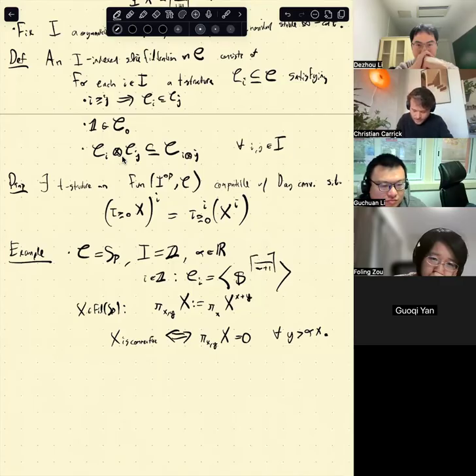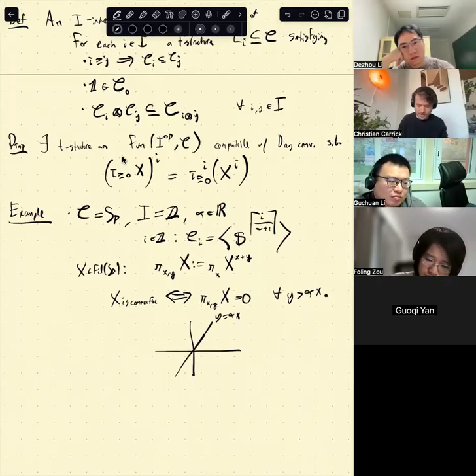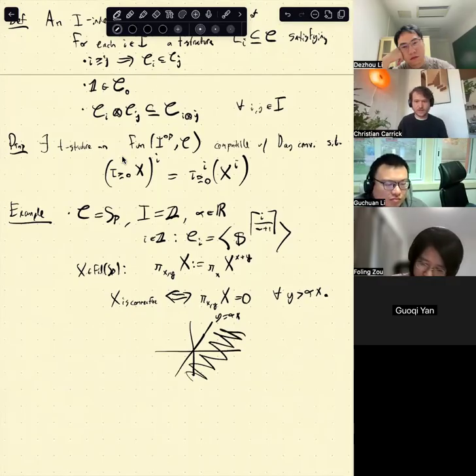And sorry, this should be an I here, not an N. But really the point here is just that since I have a bigrading, I can think of the homotopy groups as living in the XY plane. And the connectivity condition is just that if I look at those homotopy groups and I take the line y equals alpha x, connective things have everything concentrated on or below that line.